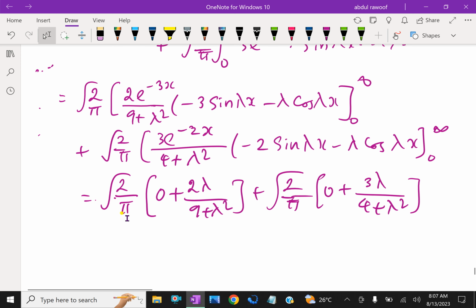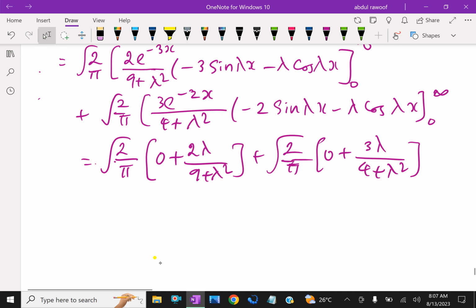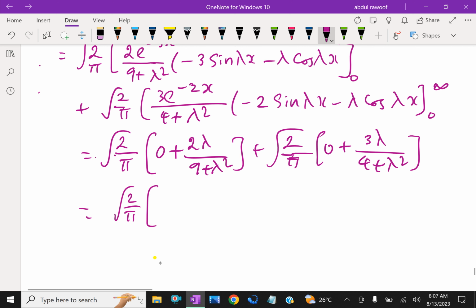Finally, the square root of 2 over pi is taken out, and collecting the terms we have 5 lambda cubed plus 35 lambda.